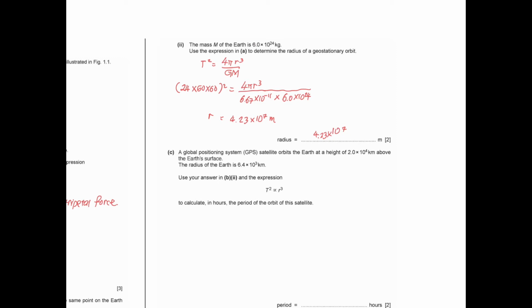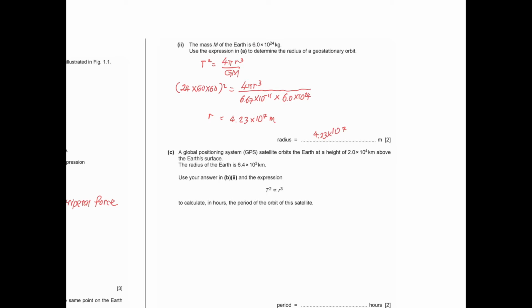Now let us move on. The next part C. Okay, part C is about GPS. So a global positioning system, GPS, satellite, orbits the Earth at a height of 2.0 times 10 to the power of 4 km above the Earth's surface. Okay.